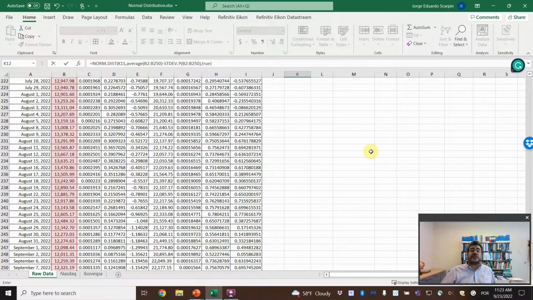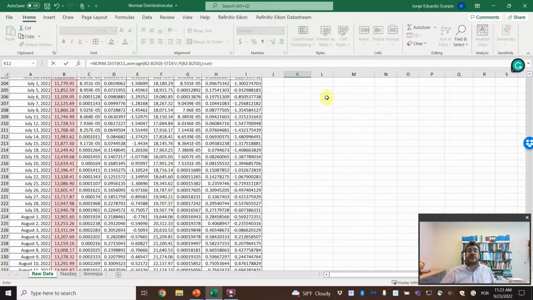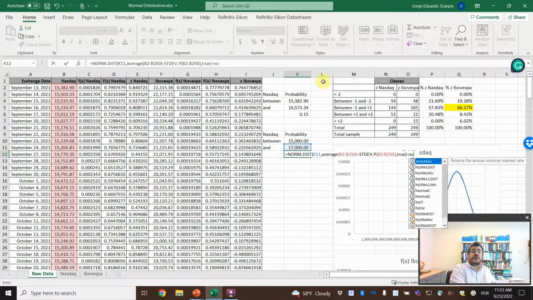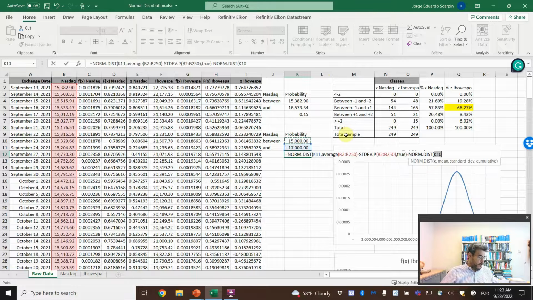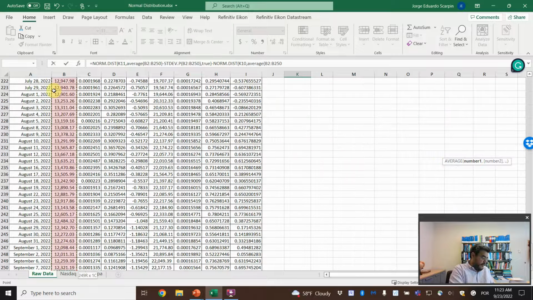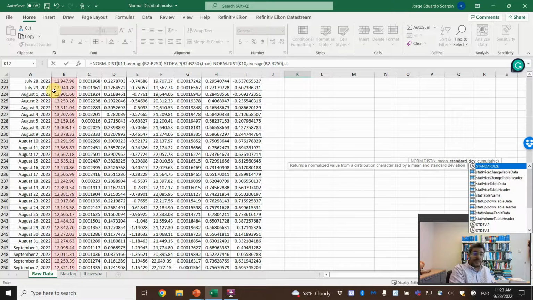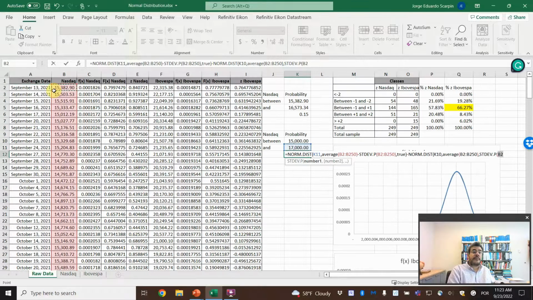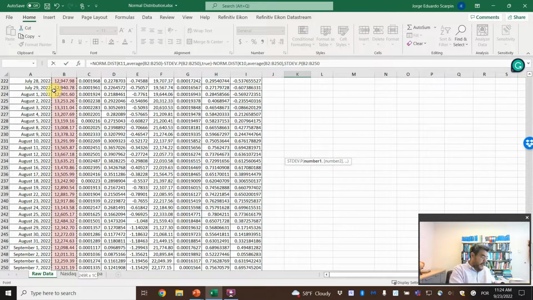So this first normal distribution minus the second normal distribution. Normal distribution, now the lowest one, average. Or we can create a cell here with the average, then it will be faster to do that. The standard deviation of the same and true again.